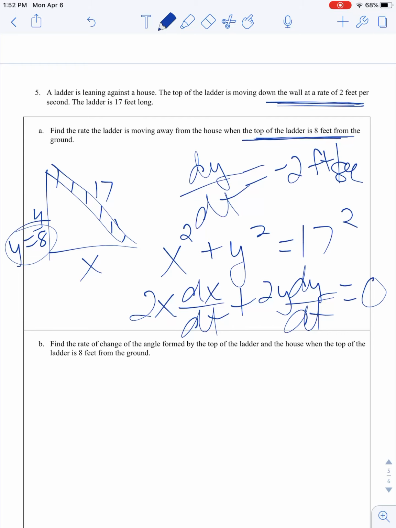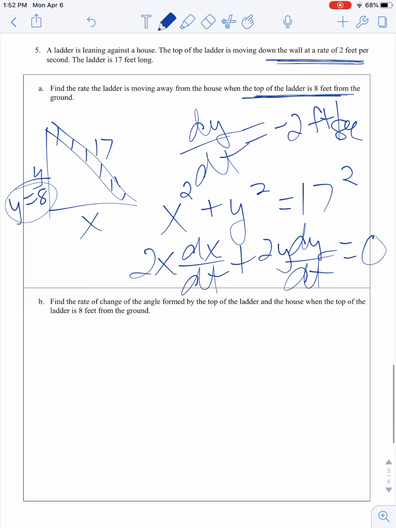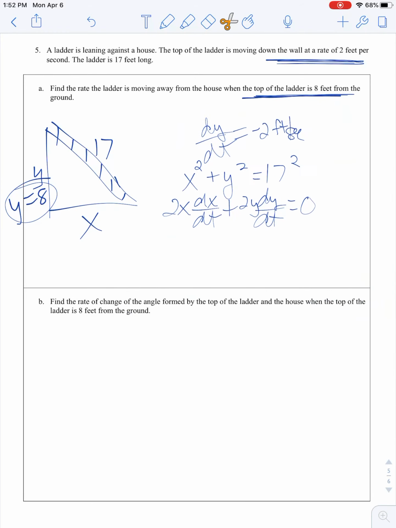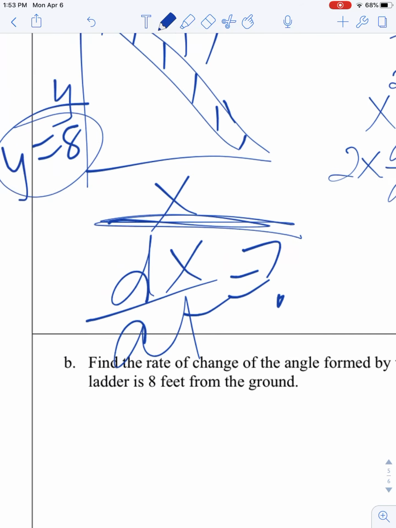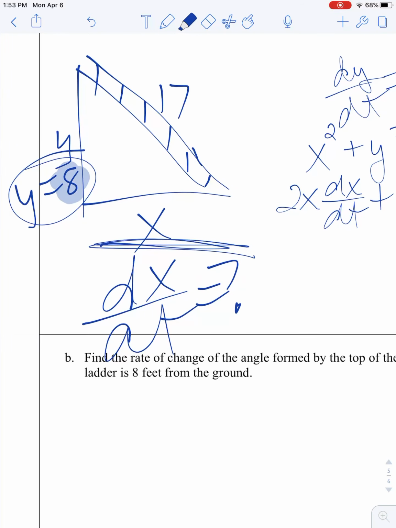So now I'm going to plug in x, dx/dt, all that good stuff. What are we finding? I guess I never said. Find the rate the ladder is moving away from the house. So that's the dx/dt that we're finding. Okay, so now we just plug in 2 times x. What's our x? Well, at the moment, this is 8, this is 17.